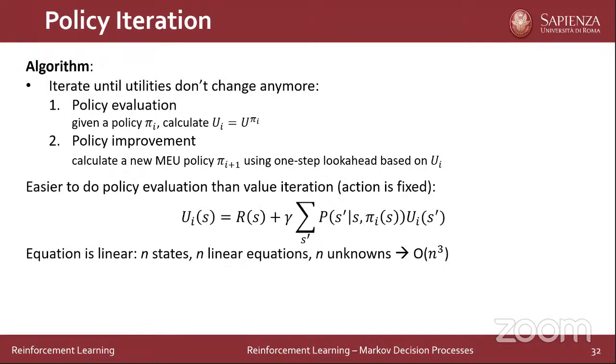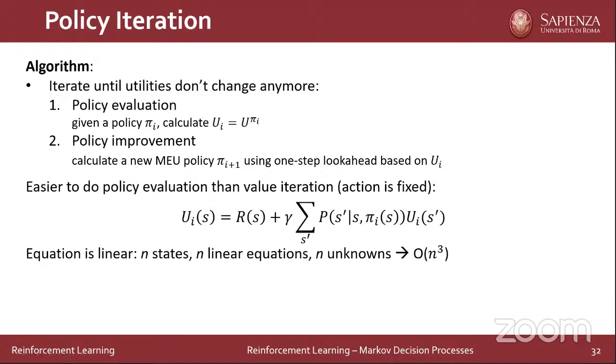In practice, policy evaluation is easier to do. So you evaluate your policy by just taking the action. You sum the reward again to the utility of the state that you would end up with in a probabilistic sense, of course, by taking the action that the policy gives you.